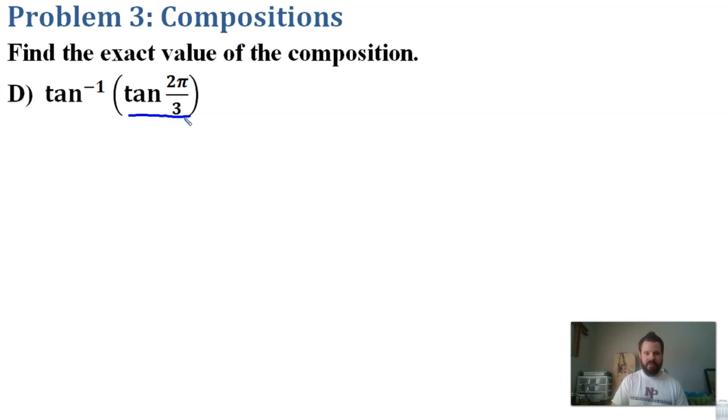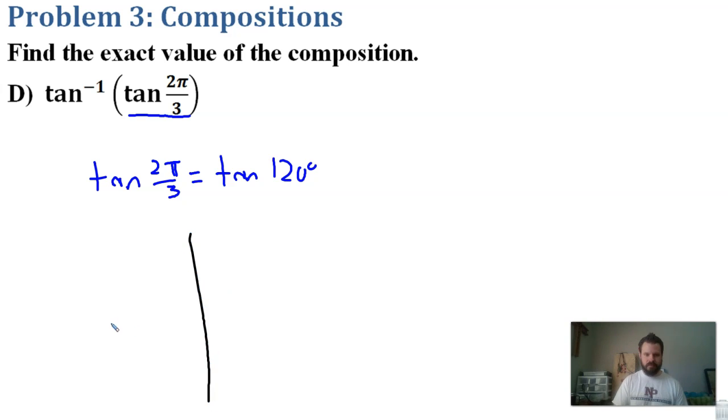So let's show you why I can't just say 2 pi over 3 with this one. Let's start on the inside of the function. Let's evaluate tangent of 2 pi over 3. And if I switch that to degrees, that'd just be tangent of 120 degrees. We'll graph that out. 120 is going to take us to the second quadrant, which will give me a reference angle of 60.